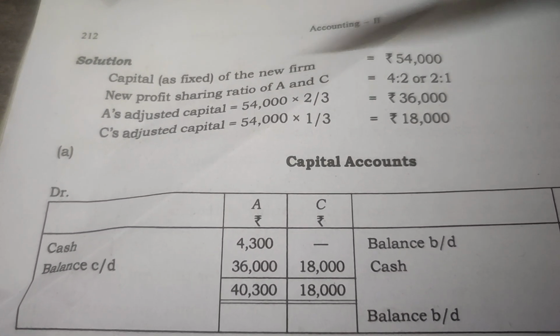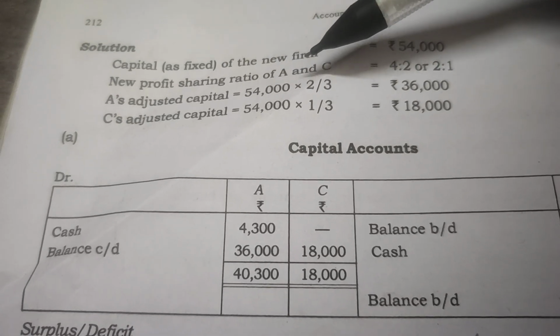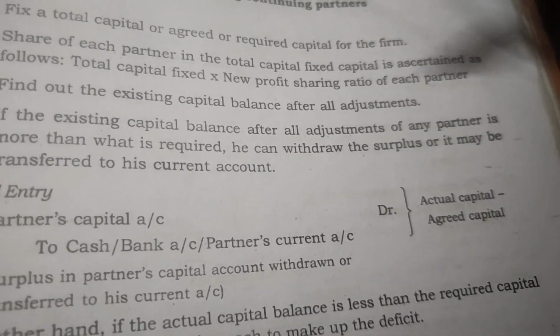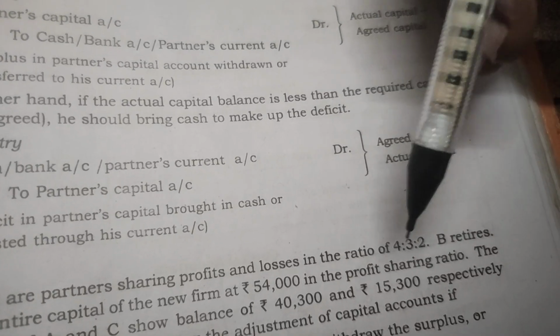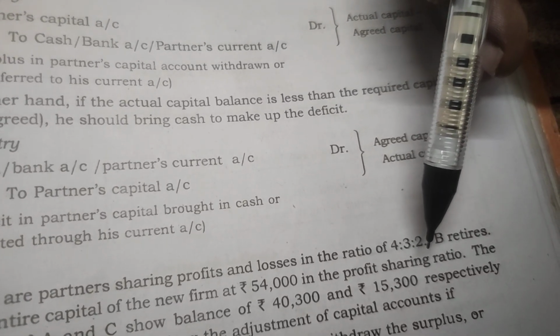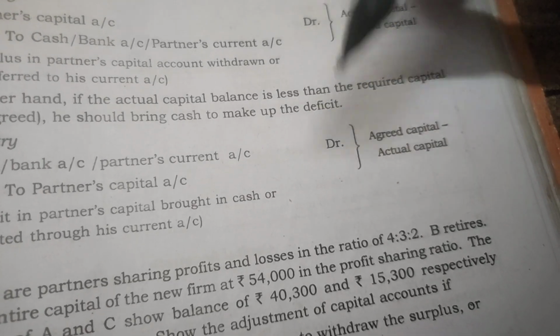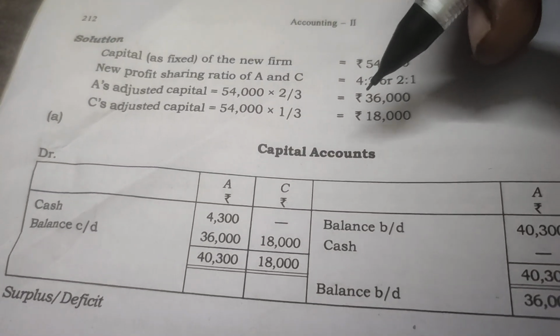Capital fixed for the new firm is 54,000. The new profit sharing ratio of A and C: in the question the profit sharing ratio is given as 4:3:2. Here B retires, and B's share is 3. So the share of A and C will be 4:2, or 2:1.